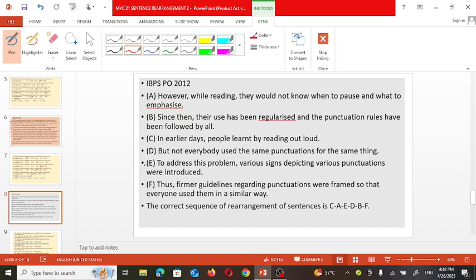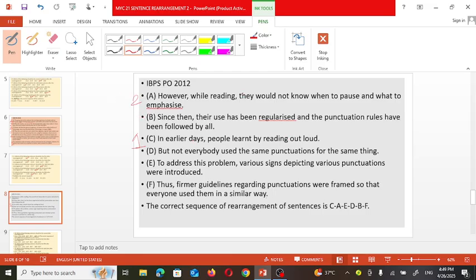So all these sentences, if you have seen, are discussing punctuation marks. After reading this, you can understand that sentence C can be the first one: in earlier days, people learned by reading aloud.